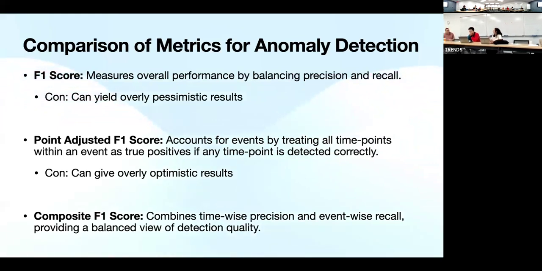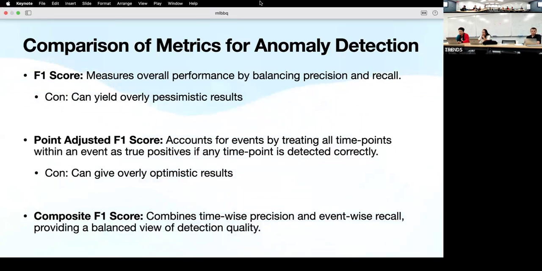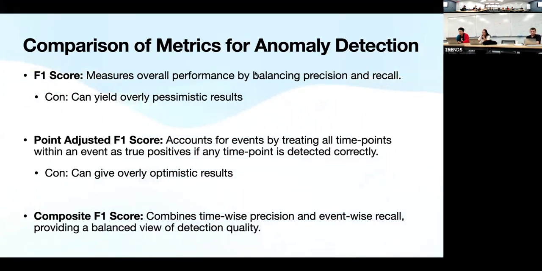I don't know if you guys have heard of this. I think it's sometimes called the micro or the macro something score. It accounts for events by treating all time points within an event as true positives if any time point is detected correctly. But one of the cons they were saying with the score is that it could possibly give overly optimistic results. And then they're also using this composite F1 score, which combines the time-wise precision and event-wise recall, providing a balanced view of detection quality.